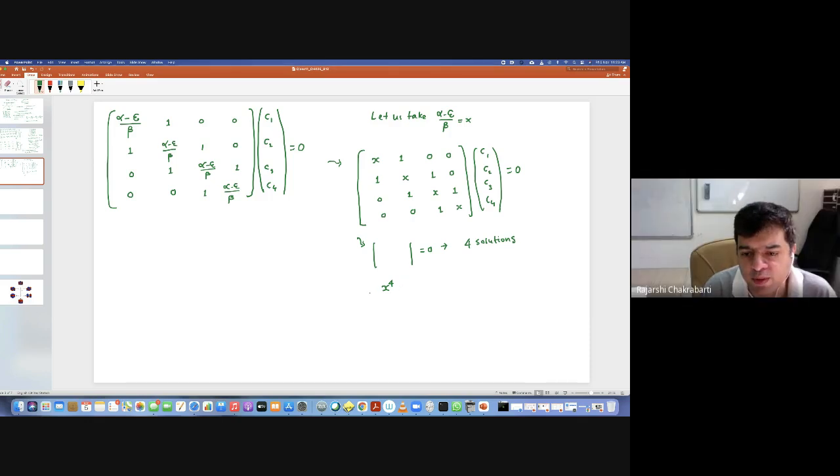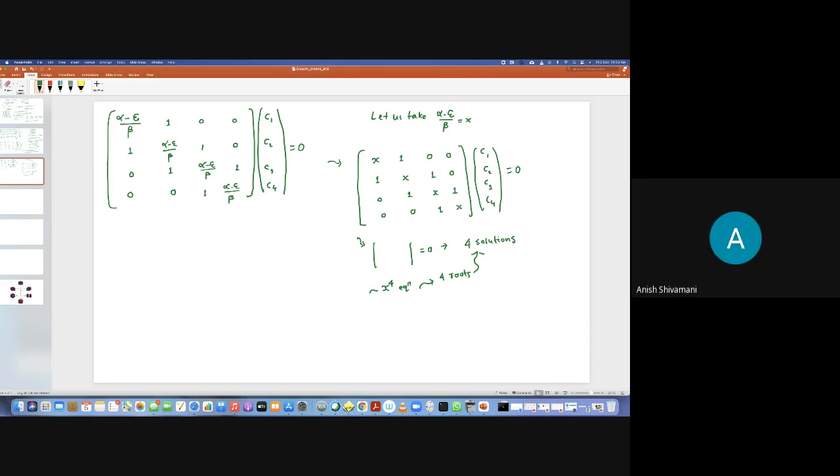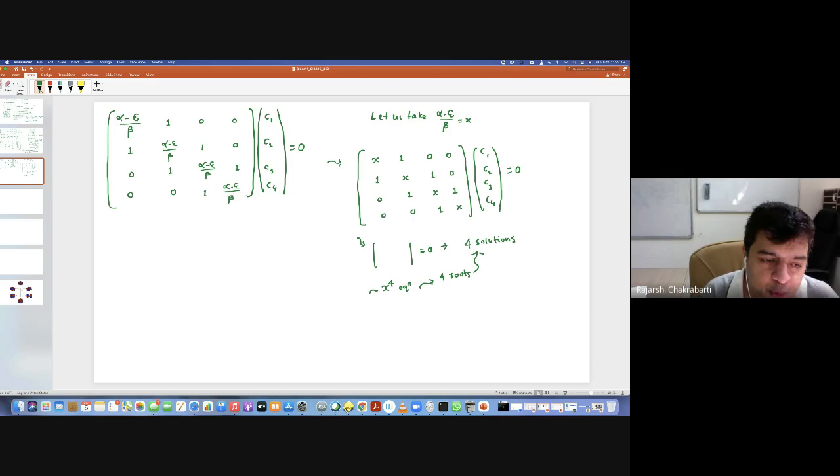You have a polynomial in x to the power 4, and this will give you 4 roots, which correspond to 4 solutions. So you can expand a 4 cross 4 determinant. Okay, we're not going to do it now. We'll do something simpler now, and then I'll tell you how to do it.